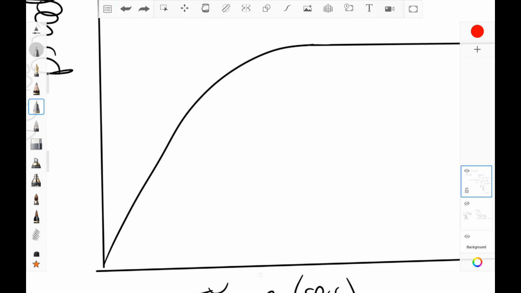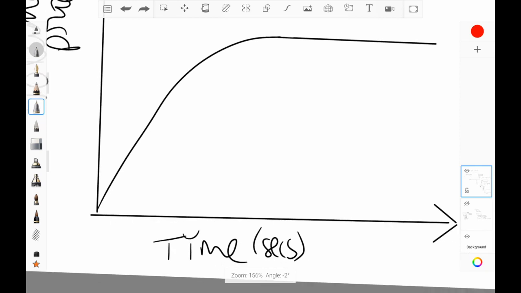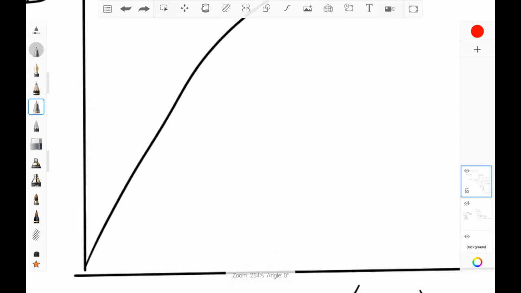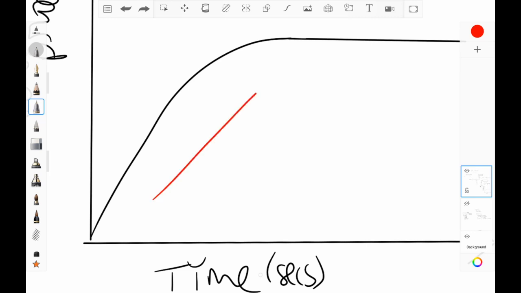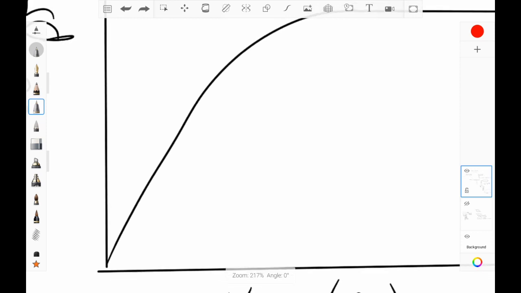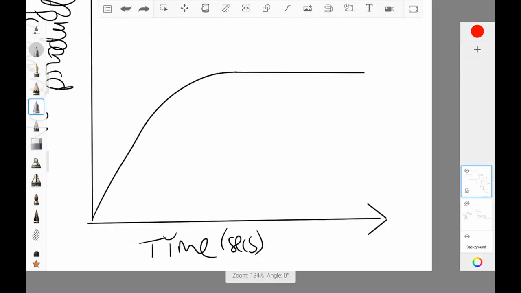So that's the first observation. Number 2, and this is a trick, the steeper the graph, the greater the rate of reaction tends to be. So if a graph has a curve like this, and you compare it to a graph with a curve like this, this guy right here has a faster rate of reaction, which is another way you can find out that at the beginning the rate of reaction is greatest.